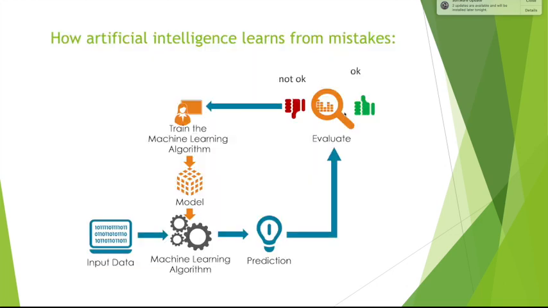This is also another diagram that explains the same concept. As you can see over here, the machine learning algorithm has been designed in such a manner that it accepts input data and on the basis of that performs a prediction. Now, this prediction is evaluated as to whether it is accurate or not. If it is not accurate, then the results of this prediction are fed back into the model in order to train the machine algorithm even further.